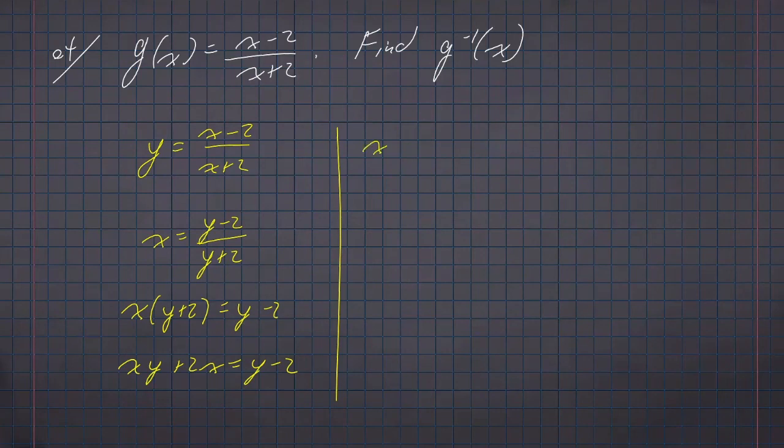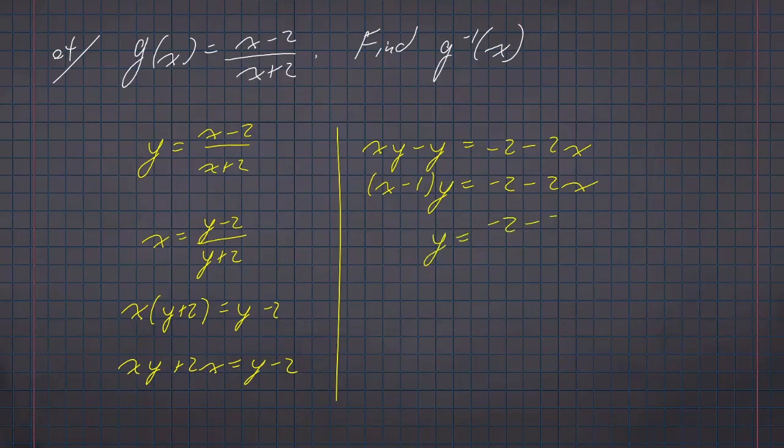So I have xy minus y, and I have negative 2 minus 2x. On the left-hand side, all of my terms have a single factor of y in it. So I can factor that y out and divide by the remaining x minus 1 to get that y is negative 2 minus 2x over x minus 1.